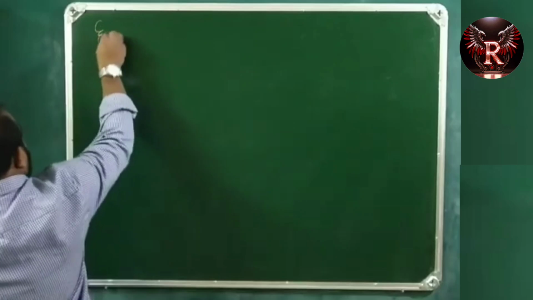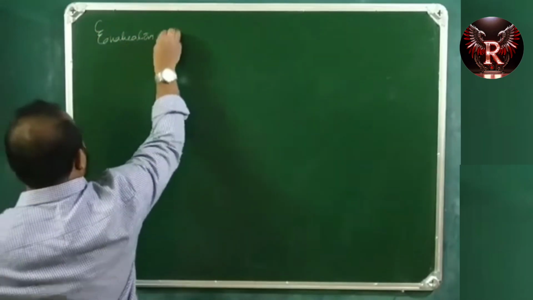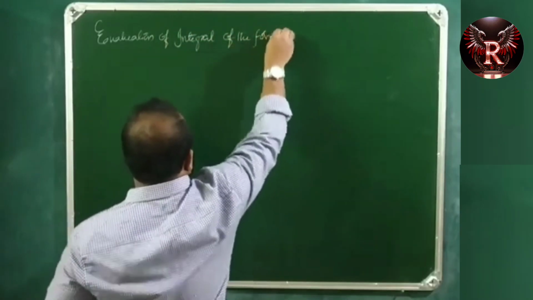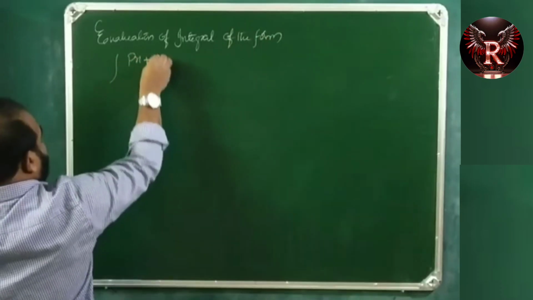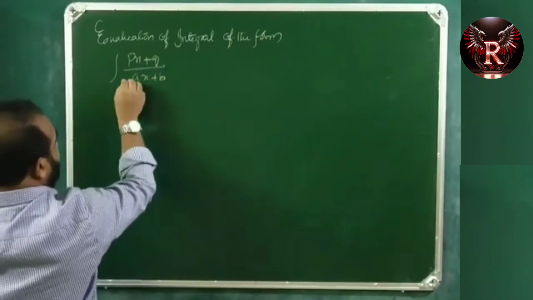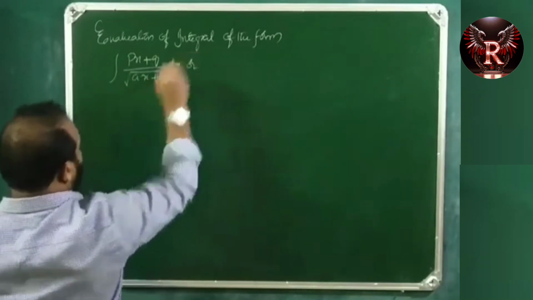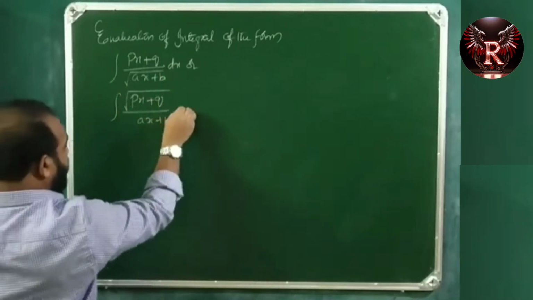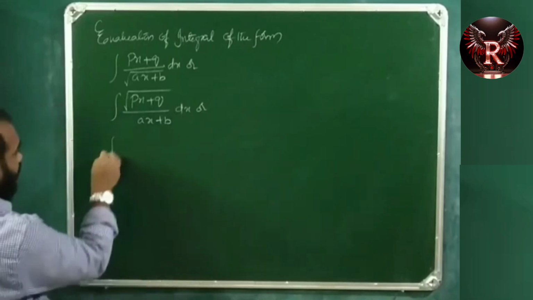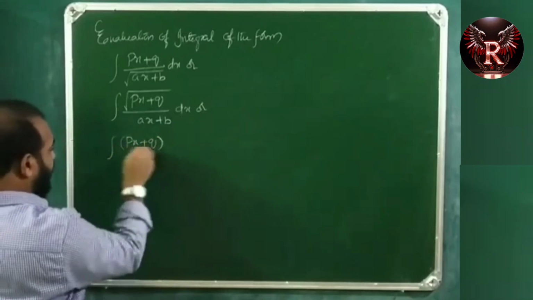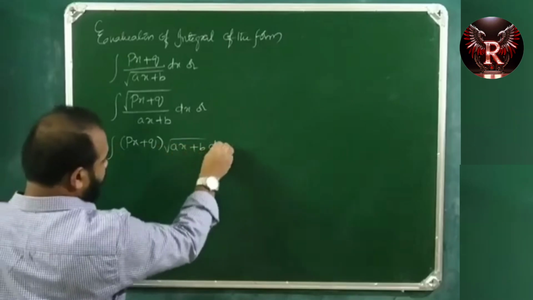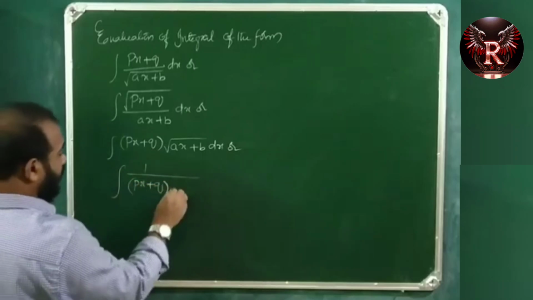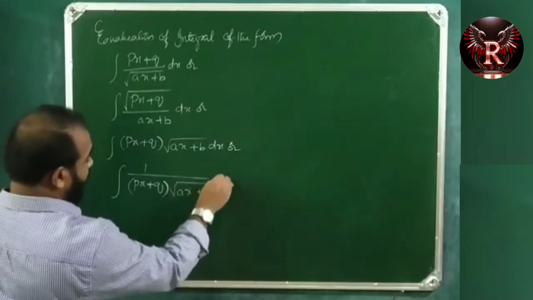That is, evaluation of integrals of the form integral of px plus q by square root of ax plus b dx, or px plus q under root by ax plus b dx, or px plus q into square root of ax plus b dx, or 1 by px plus q into square root of ax plus b dx.